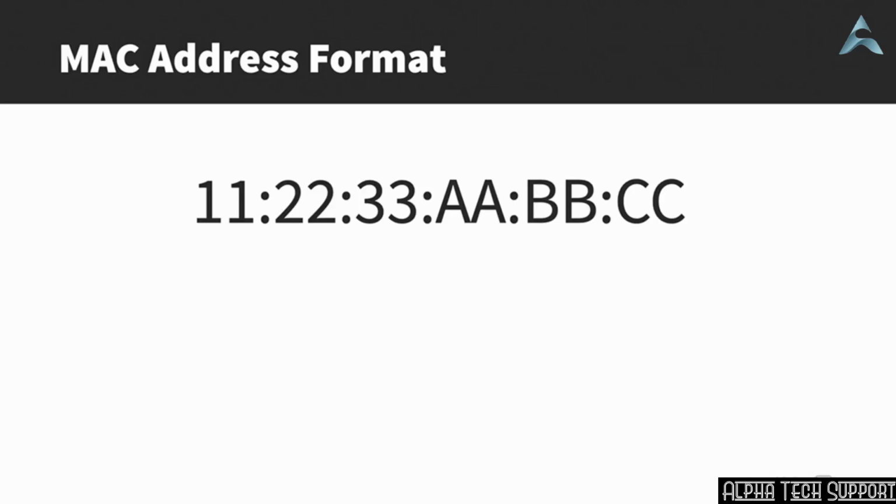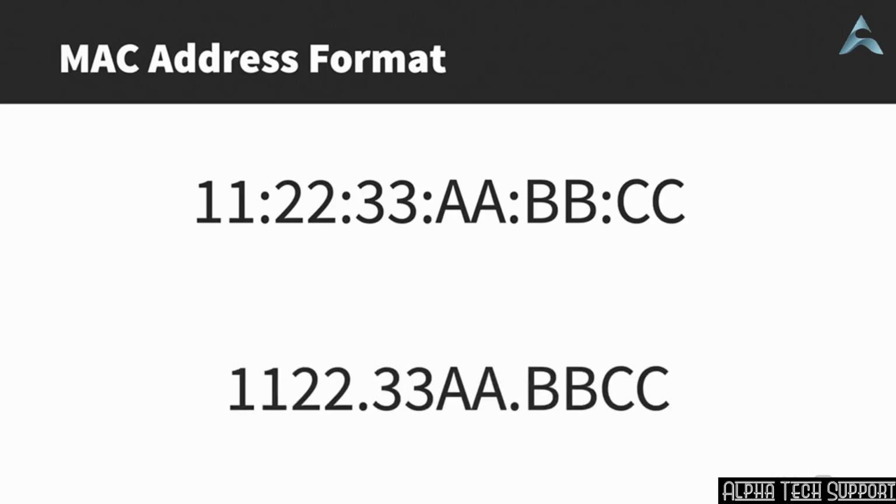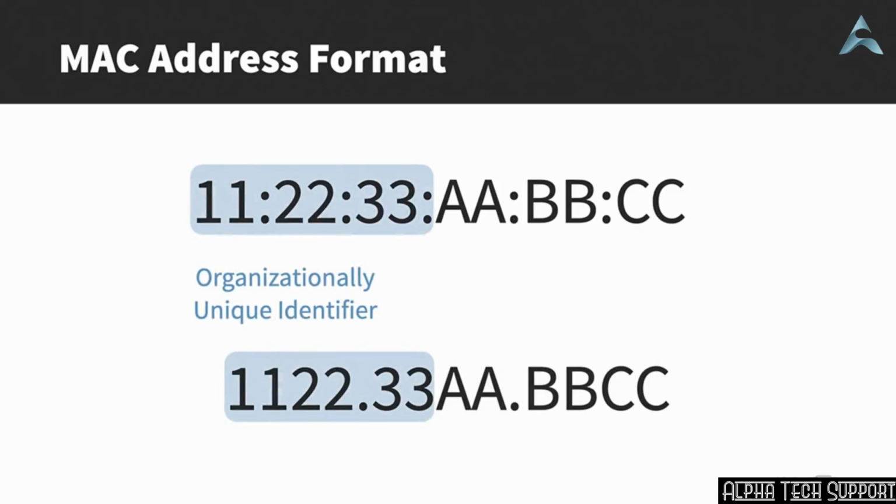Alternately, we might see a MAC address written with a dot delimiter, where we have 4 hexadecimal digits and a dot, 4 hexadecimal digits and a dot, and 4 more hexadecimal digits. However, regardless of the delimiter being used, remember that the first half of that MAC address is unique to the vendor. It's an OUI, an organizationally unique identifier, also known as a vendor code.